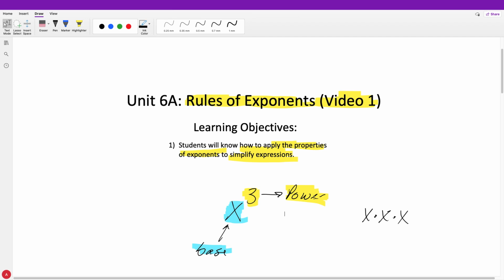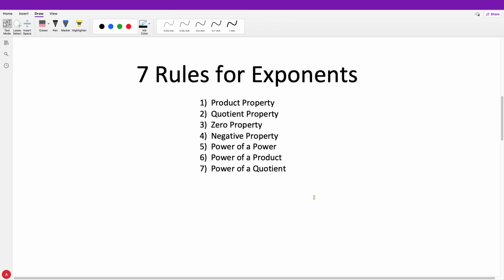All right, so now we're going to list all 7 rules that we're going to learn, and then we're going to go through them one by one. All right, so here are the 7 rules for exponents. So we will have what's called a product property, quotient property, zero property, negative property, power of a power, power of a product, and power of a quotient.